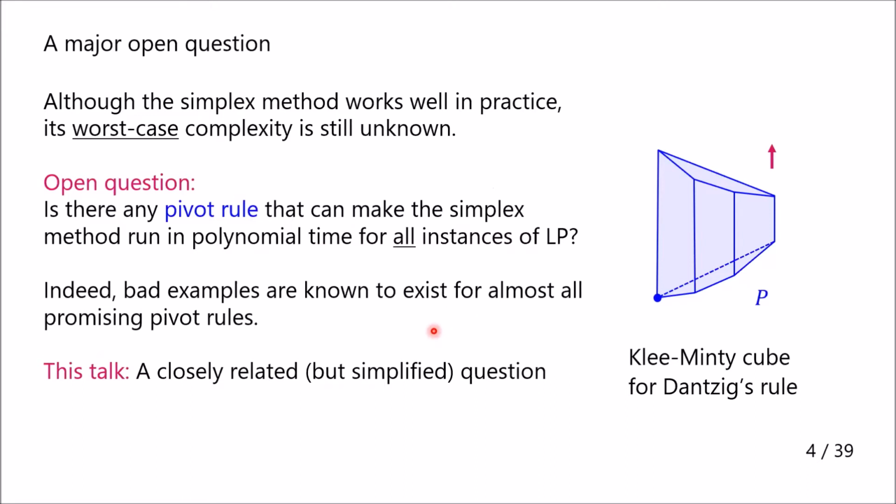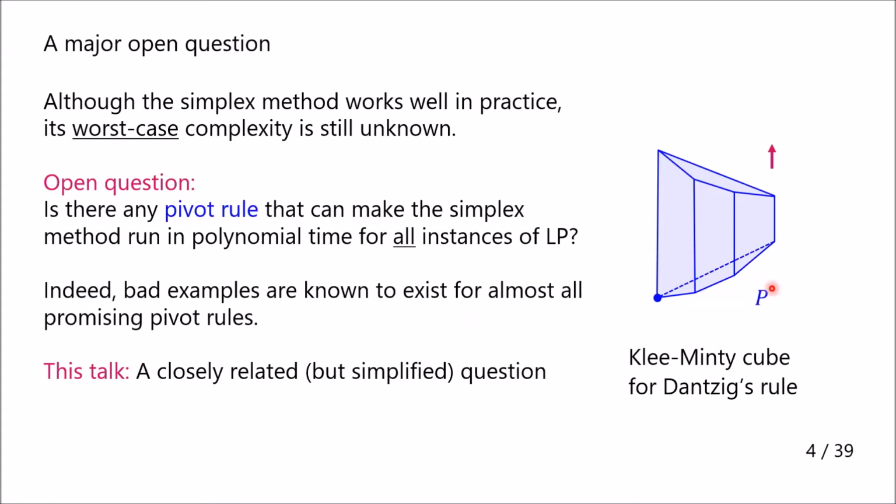Indeed, bad examples are known to exist for almost all promising pivot rules. A well-known example would be the Klee-Minty cube for Dantzig's pivot rule. So this is an image in dimension 3 of the Klee-Minty cube.